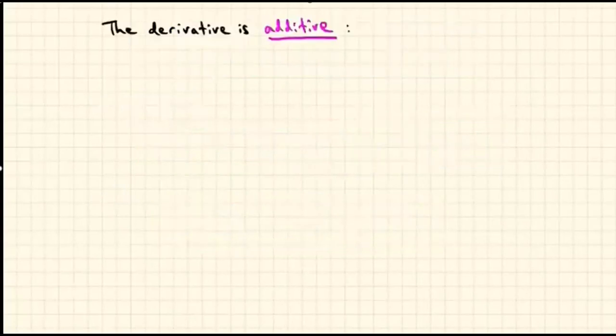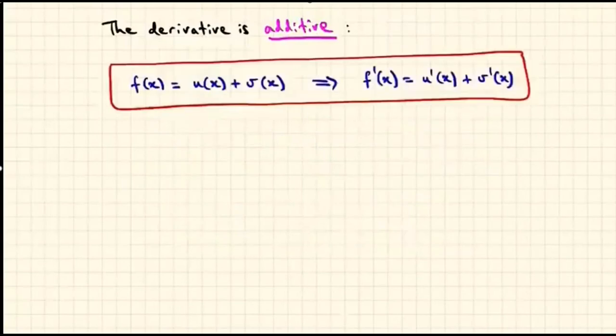The derivatives are additive, by which we mean that if f of x is the sum of two rules, u of x and v of x, then the derivative of f is the sum of the derivatives of u and v.